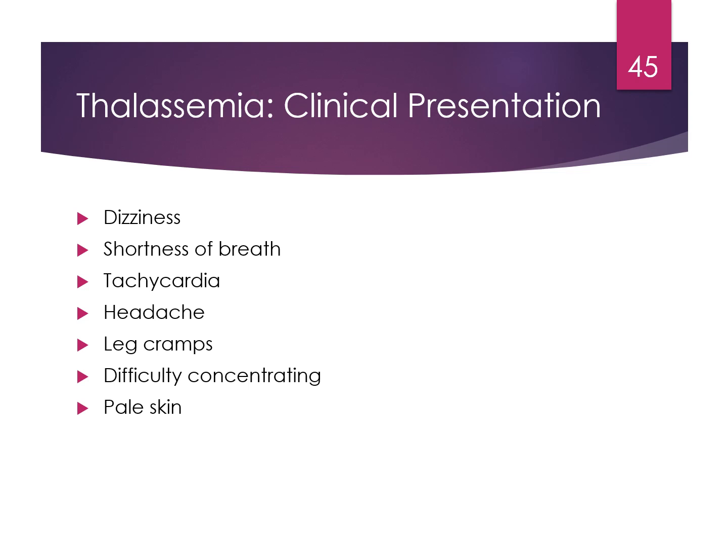So patients who have thalassemia present to you with dizziness, shortness of breath, tachycardia, headaches, leg cramps, difficulty concentrating, and even pale skin. So if you think about these clinical presentations that your patient may have, very similar to some of the other presentations of anemia.